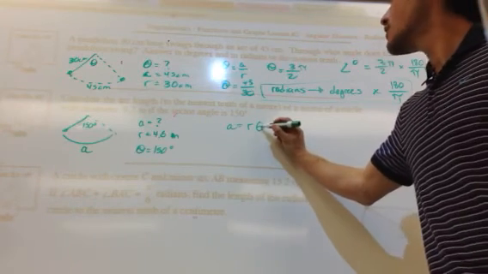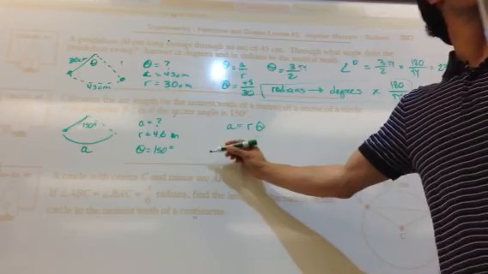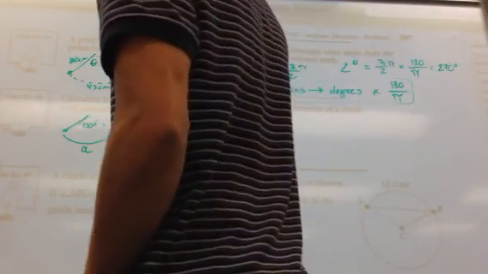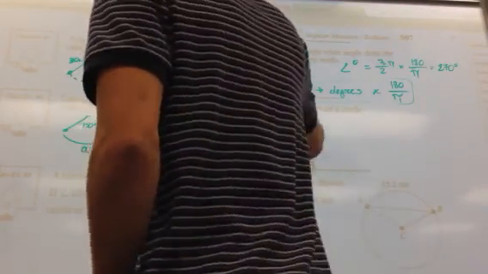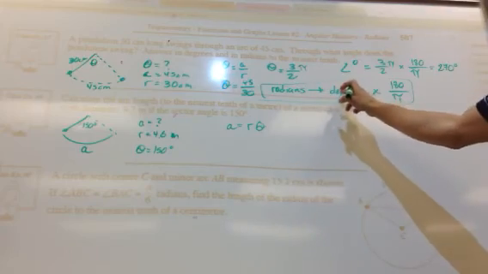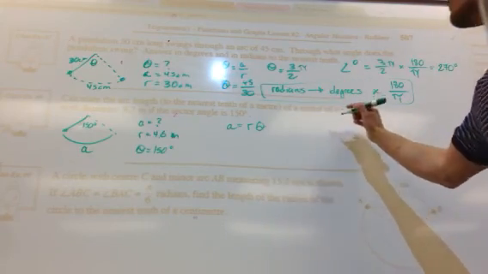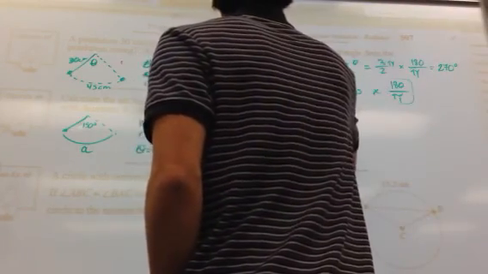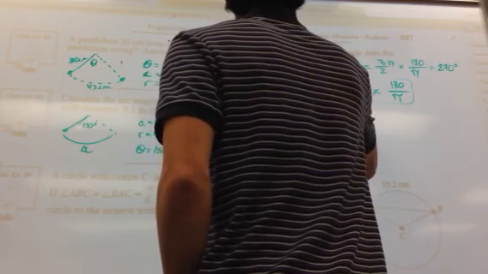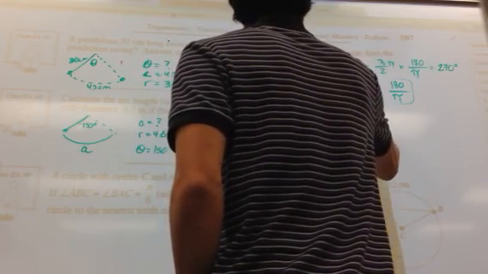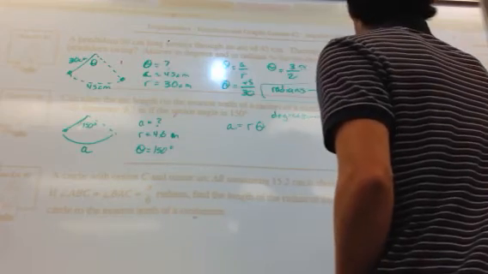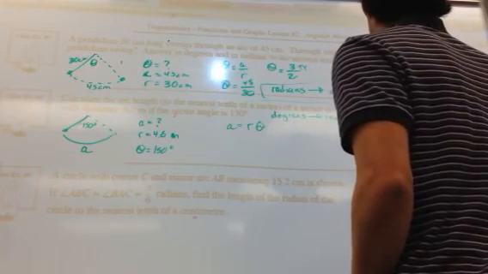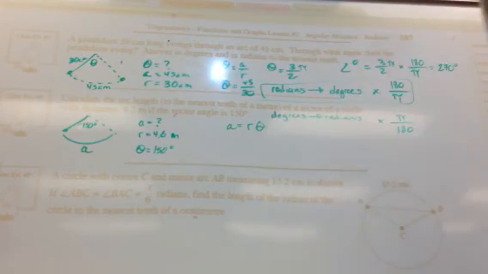Yeah, so I need to convert my theta into radians. We're going from degrees to radians, so we're going to multiply by pi over 180.